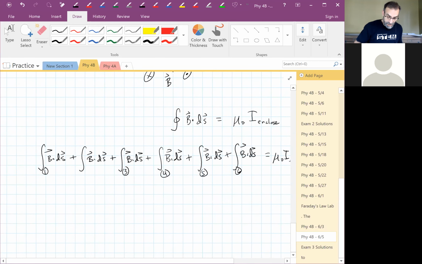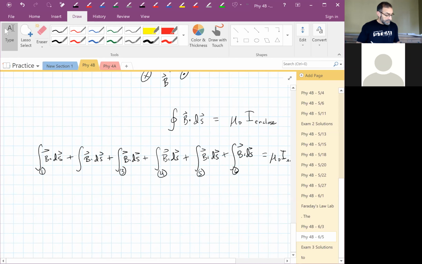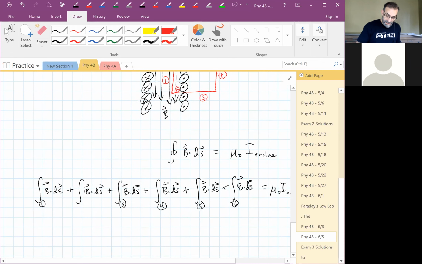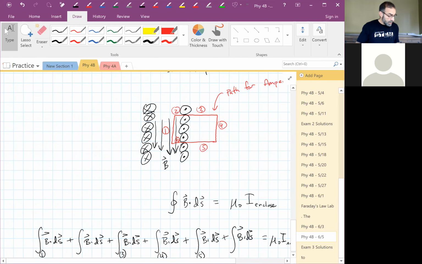Okay, let's look at them one at a time. B dot ds for side 1. B and ds are parallel, right? So the dot product is just going to give us 1 or minus 1. Let's go around the loop in the direction of the magnetic field, so it'll give us 1. They point in the same direction, right?